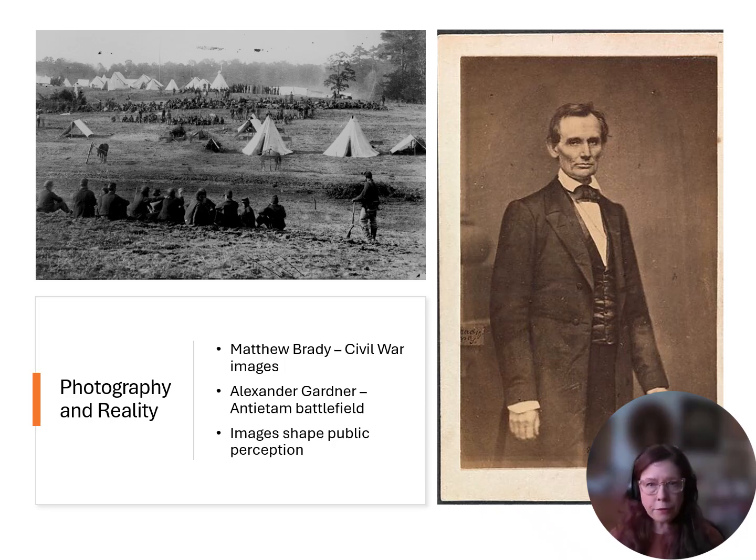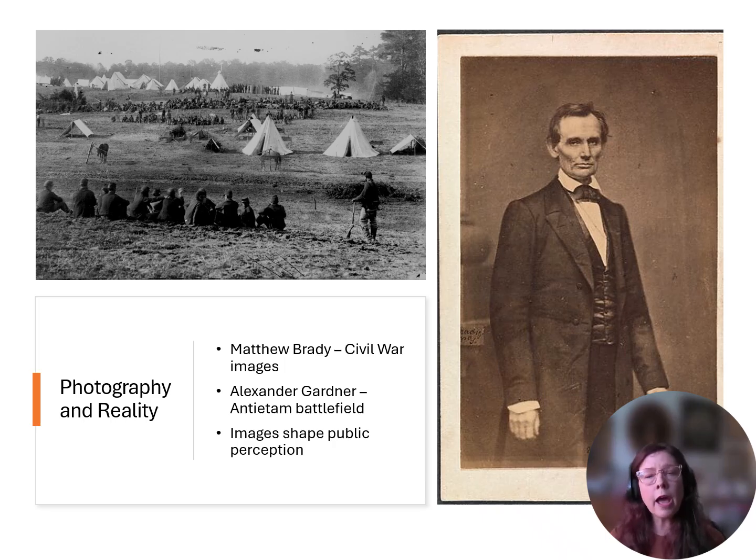But photography does not stay in the studio. It moves out into the world. And that is where figures like Matthew Brady and Alexander Gardner become incredibly important, because during the Civil War, the first war ever photographed, they began documenting not just portraits, but the realities of war itself.